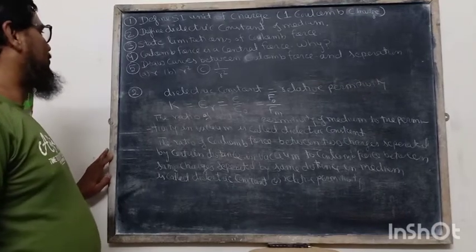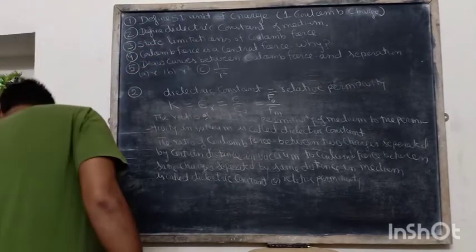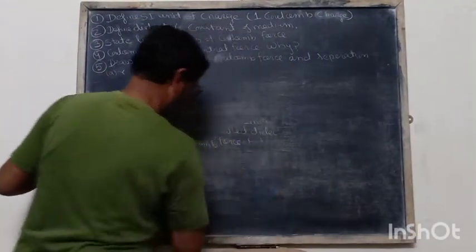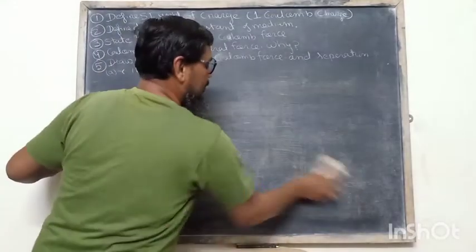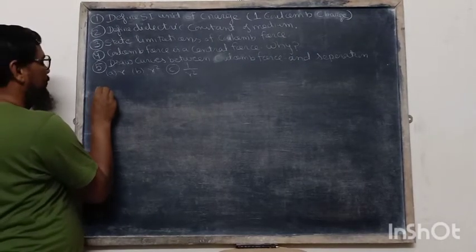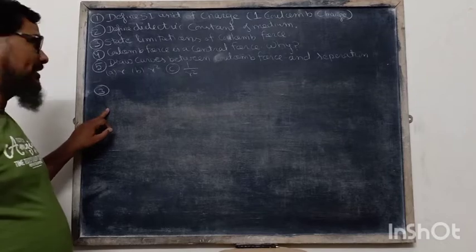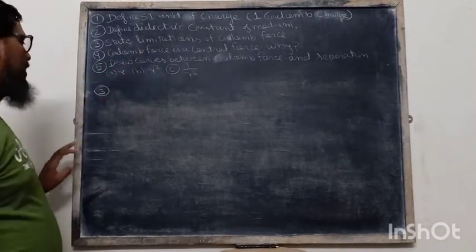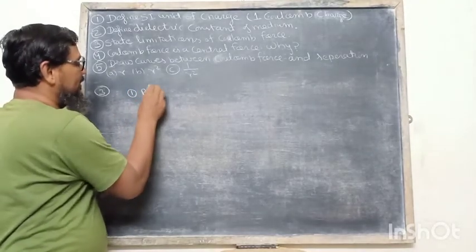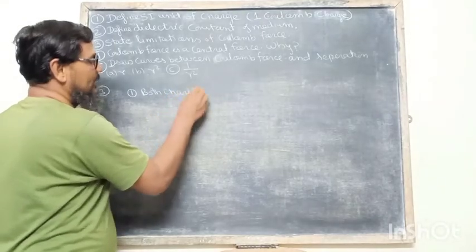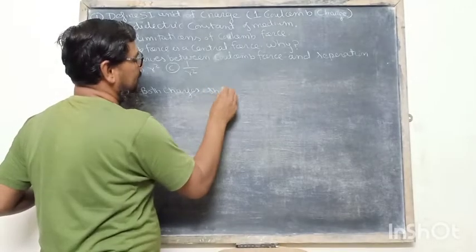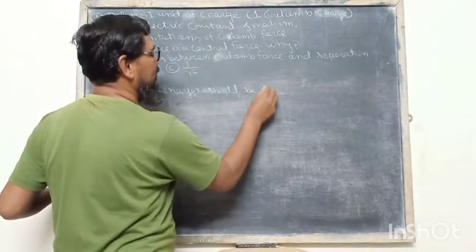Now we shall discuss the limitations of Coulomb force, which we also discussed in the previous lecture. There are certain limitations. Number one, both charges should be point charges.